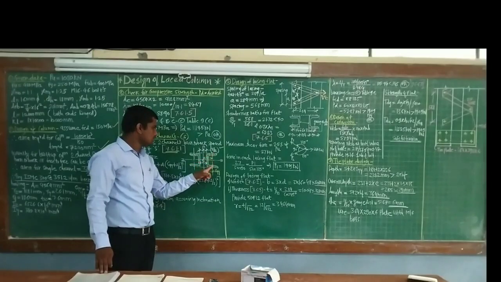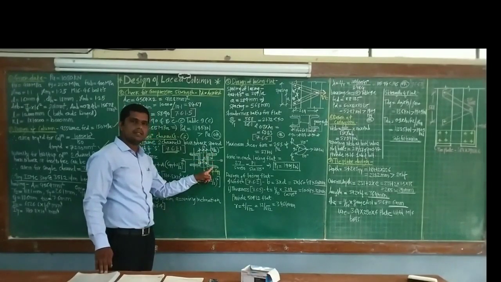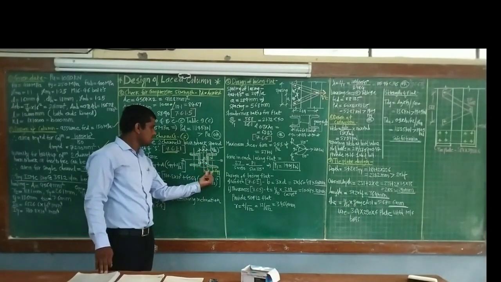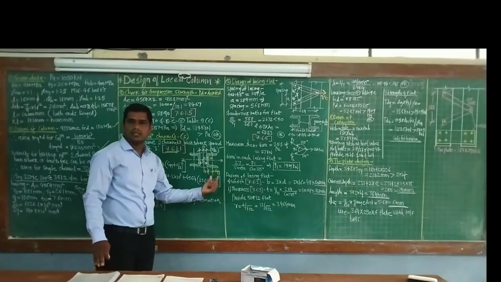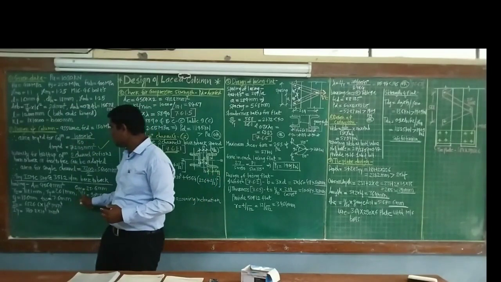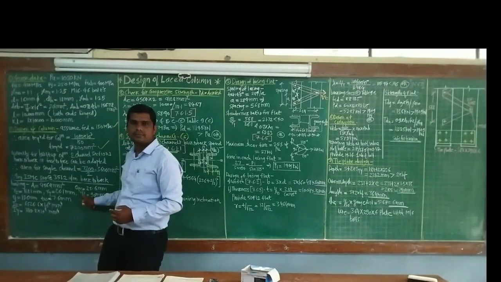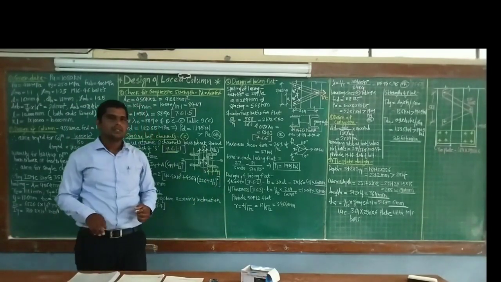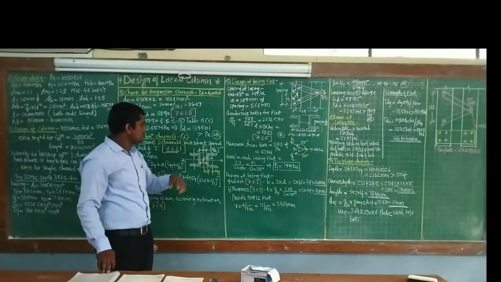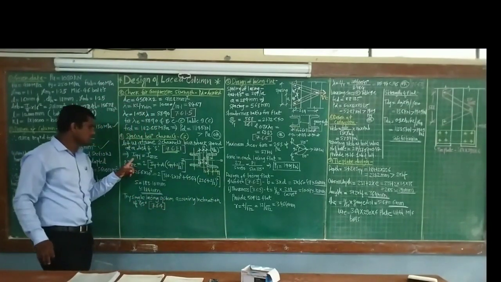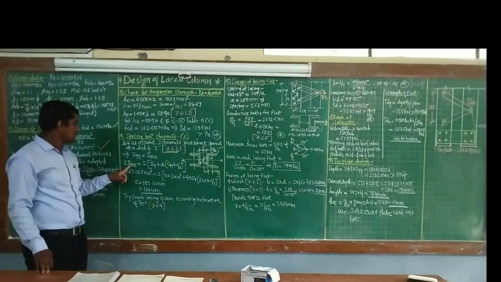From the center of this channel to the face of this channel, this distance will be Cyy, and we have noted this value from the steel table, that is 23.6 mm.